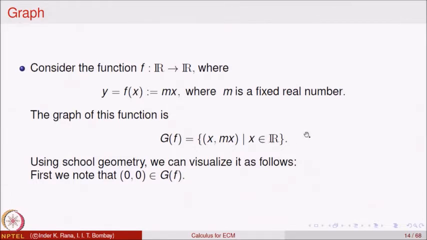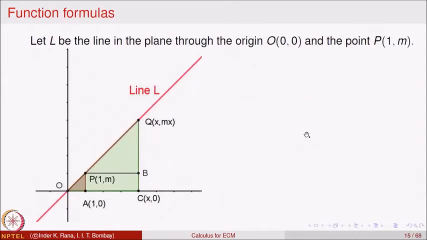So, our graph is going to pass through 2 points. Let us test the possibility that our graph is a line passing through the point 0 0 and the point p, which is 1 comma m. So, let us call this line L, and let us take any general point q on this line and find out its coordinates.